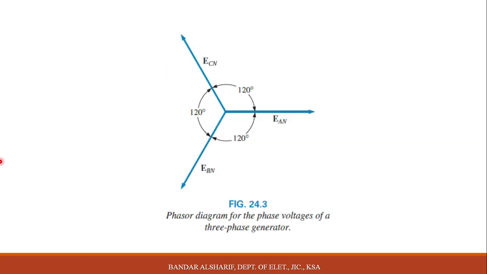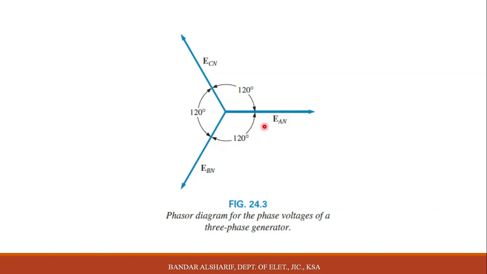We can draw this waveform as a vector, or the value of the voltage or current as a vector, and if we consider EAN as a reference starting from 0, then between EBN and ECN and each other there are 120 degrees.